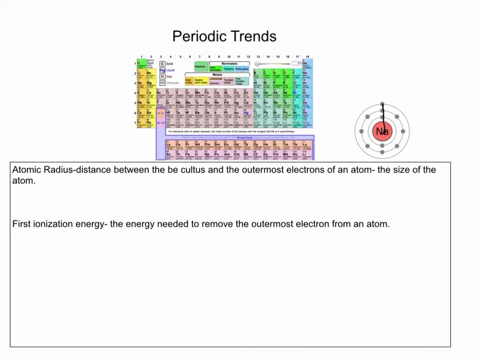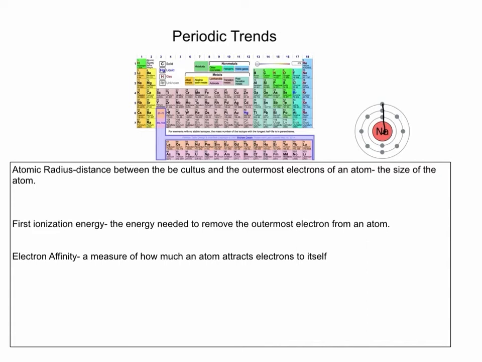The third trend we're going to look at is electron affinity. An electron affinity is a measure of how much an atom attracts electrons to itself.